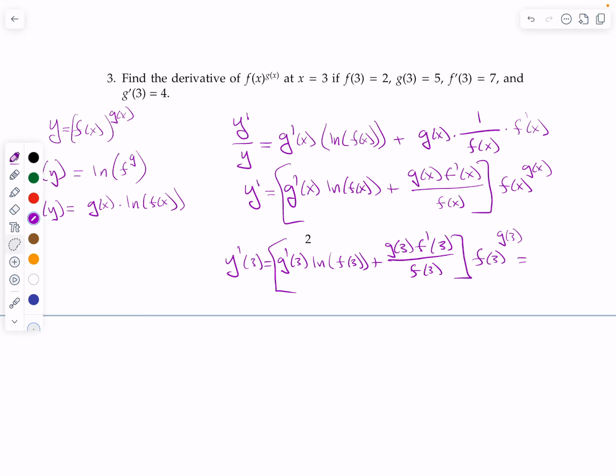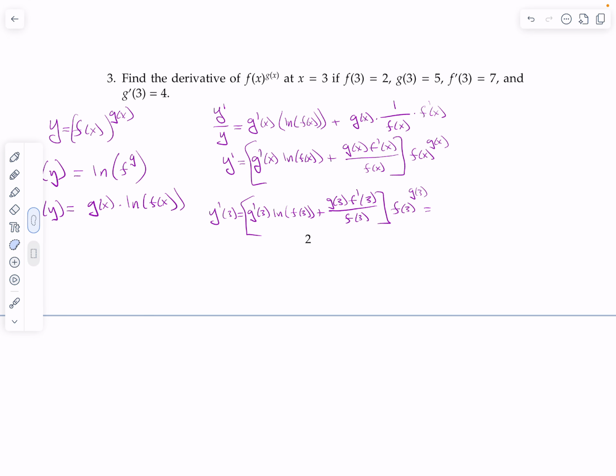I'm going to have to move things around one more time. Lovely. Okay, we're given all these quantities here, f of 3 and g prime. Let's see if I can clean things up. So this will be 4 times the natural log, f of 3 was 2. And then g of 3 is 5 times 7 over f of 3, which is 2.